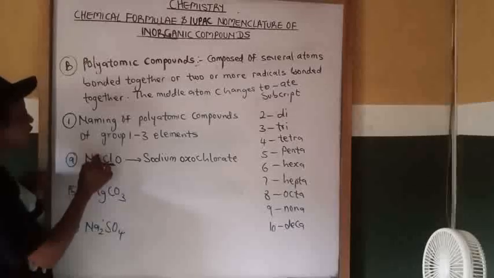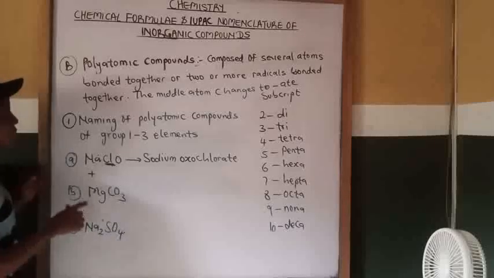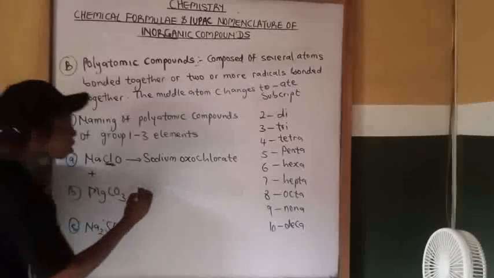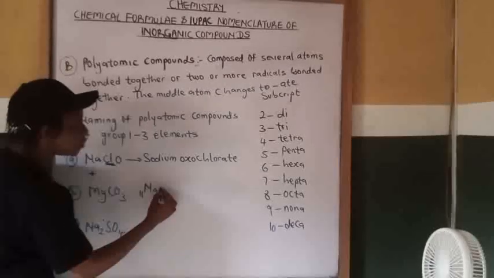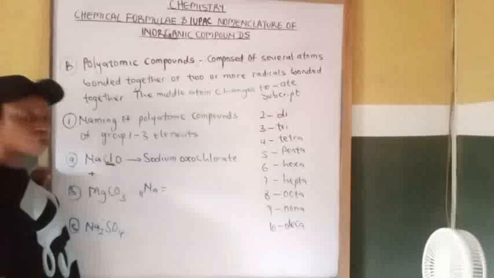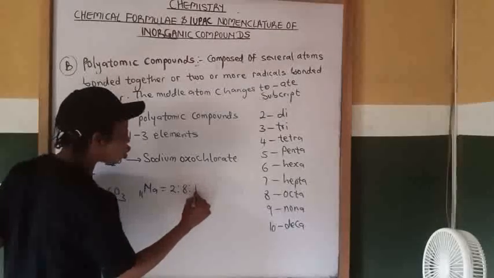Then what is the charge on sodium? The charge on sodium is +1. How did I derive this +1? Sodium is atomic number 11. If you write the electronic configuration of sodium in ratio form, that will be 2:8:1.